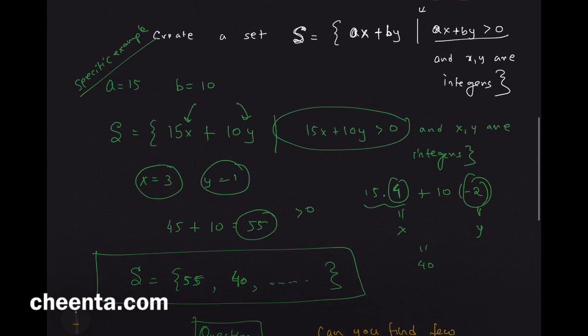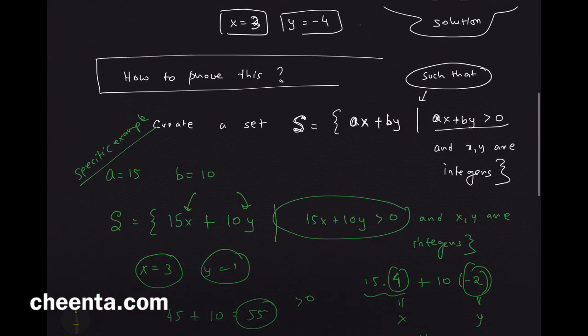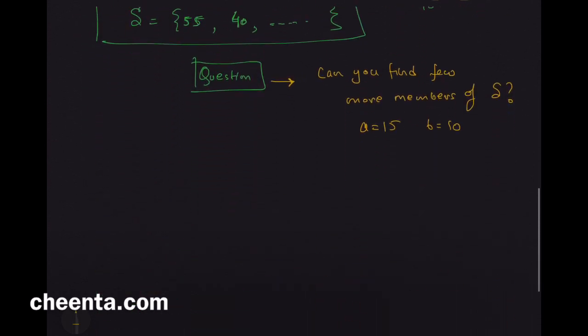Maybe you can find them. Let's see. Okay. So what can we say about S? Well, S for once contains positive integers by definition, right?